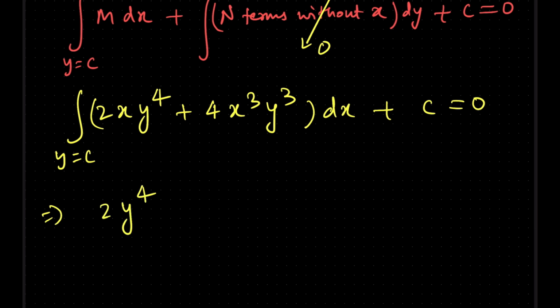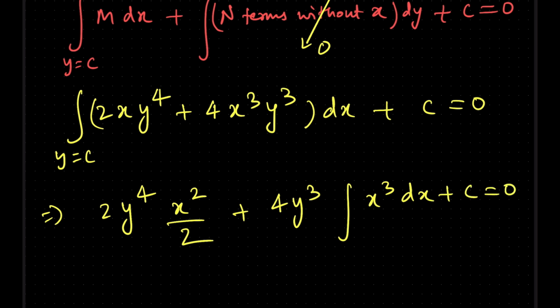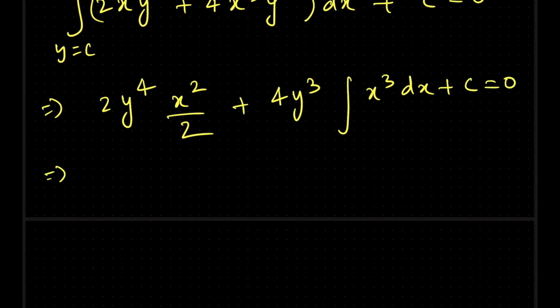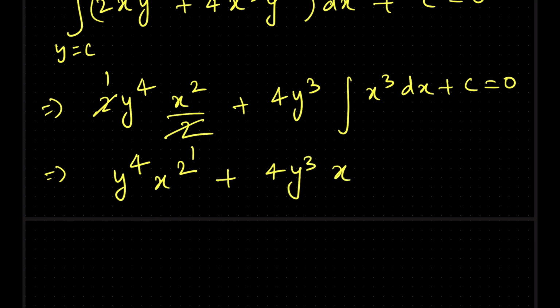So the first you will get 2 y to the power 4, and integrating x you will have x squared by 2. Similarly, the second term, if you try to integrate, so here 4y cube, which is a constant, will come outside, and inside you have x cube integration. So here 2 will get cancelled with this 2. y to the power 4 x square plus 4y cube, and here it will become x to the power 4 divided by 4, this integration, plus c equal to 0.